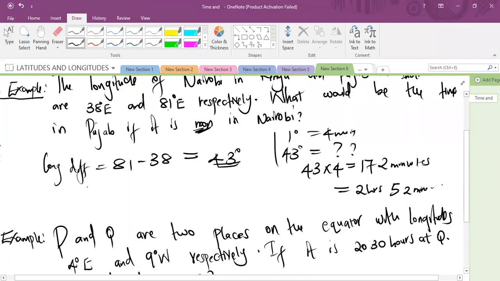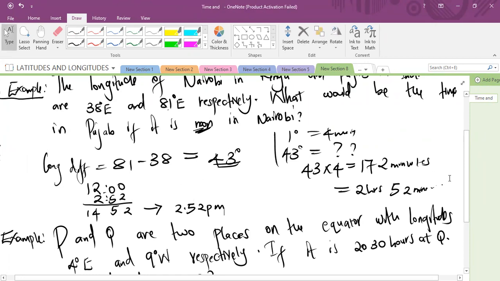So if we have 12 in Nairobi, then adding 2 hours 52 minutes gives 14:52. So this is basically 2:52 p.m., because it is more on the eastern side.